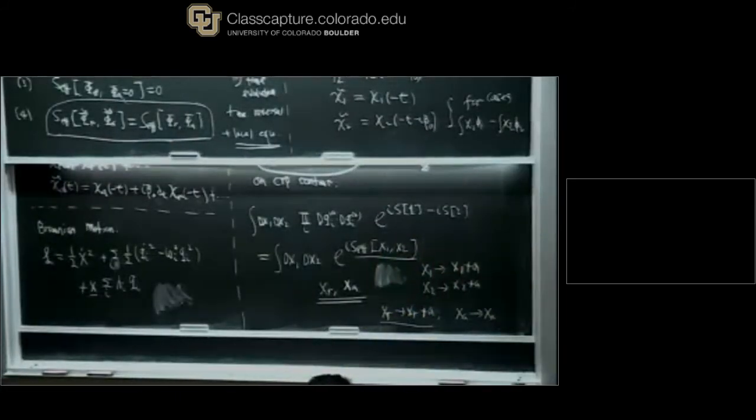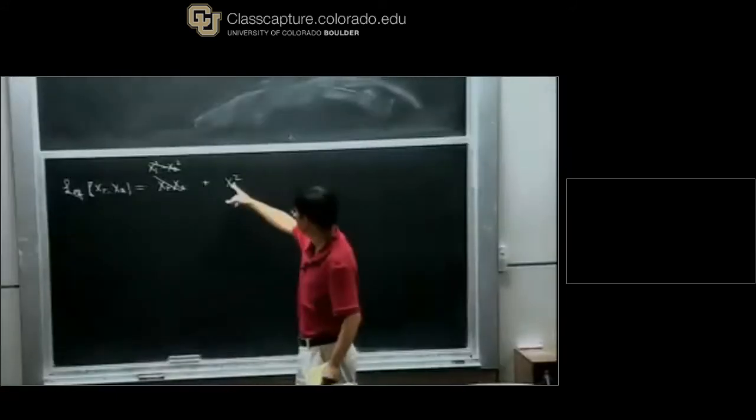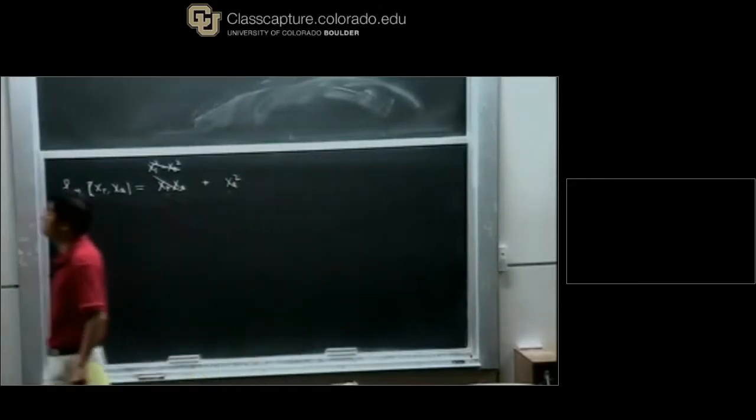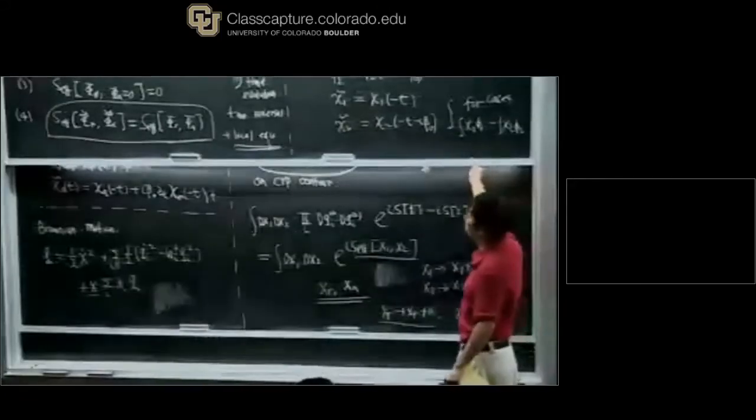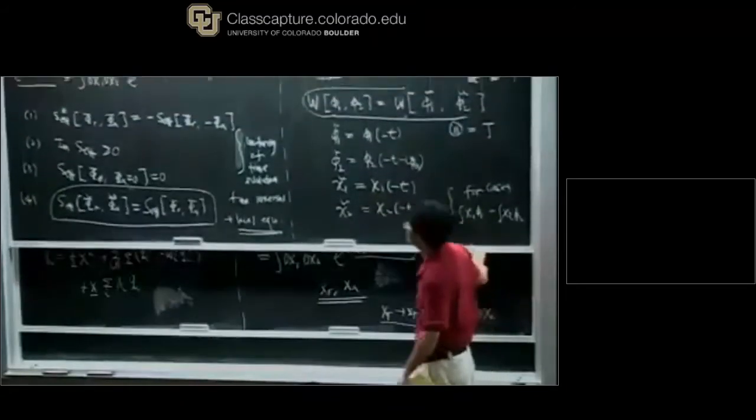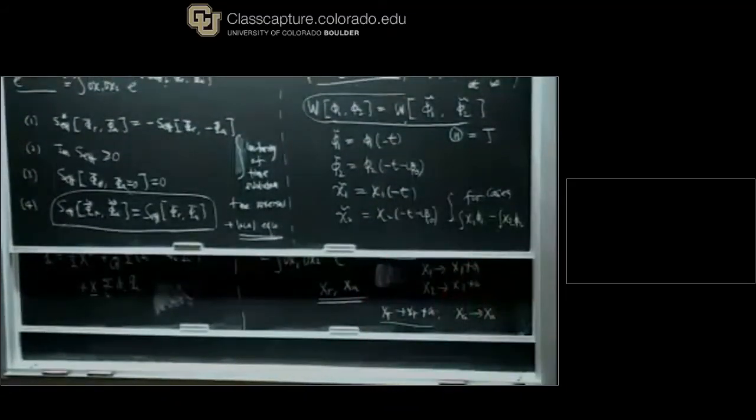So the XA squared term can be there, and according to our rule, it has to be pure imaginary, because it is even in XA.